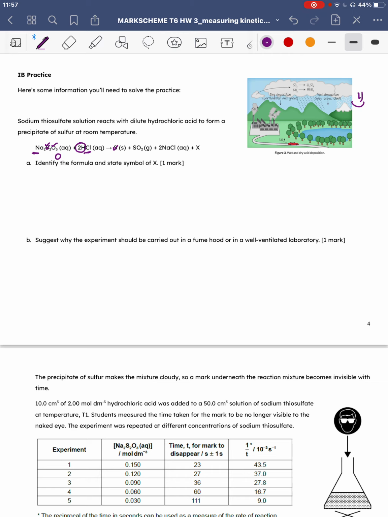What do two H's and an O make? They make H2O. And I notice that everything is balanced. I don't need a coefficient with the H2O. There's just one H2O. State the symbol. Well, it's at room temperature, so what's the state symbol going to be? Liquid. L for liquid.